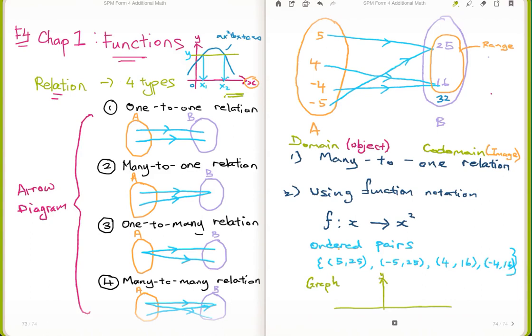This is my positive y, positive x, this is my 0, the middle. So we will expect it to be y = x squared. You will know how to sketch a graph if you learn from Form 4 chapter 3. But for now, you just know it. This is my y = x squared.